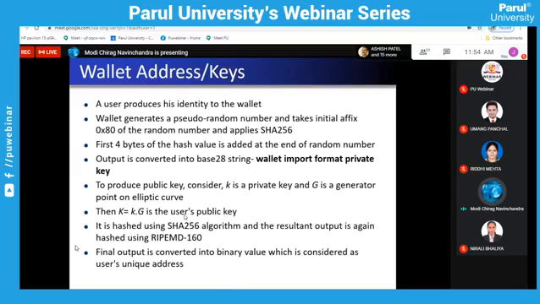This unique address is, in our normal terms, like my account, I can say address. This 160-bit account number will be known to everyone. So if anybody would like to perform a transaction with me, they can know only this 160 bit.